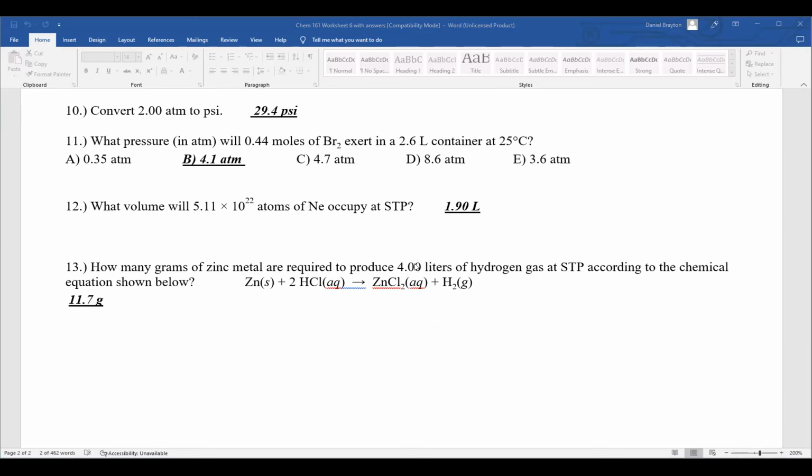At STP, 4 liters, that's about 1/5 of a mole. How many grams? So it produced 4 liters at STP, that's about 1/5 of a mole. It's in a 1-to-1 ratio. So then you'd look up the mass of zinc, and it's basically whatever, divided by 5, because it's about 1/5.